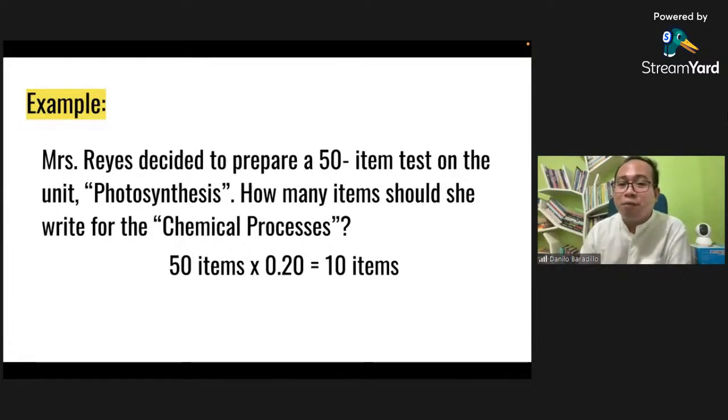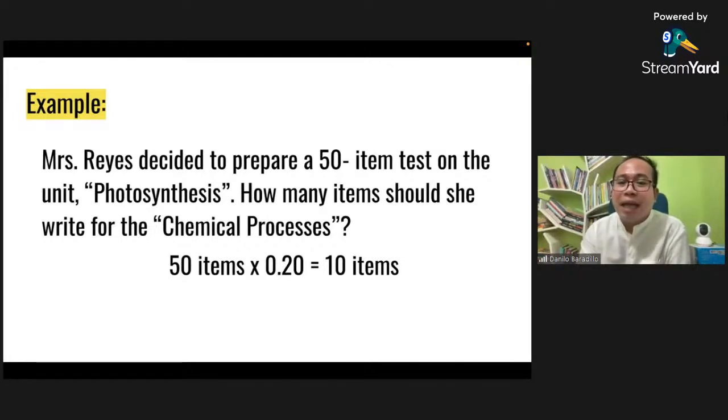We could not just afford our test to be all knowing or knowledge. So it should be scattered all throughout. It might not necessarily be scattered all throughout Bloom's taxonomy, but at least everything should not be knowledge or knowing. Okay, so we will talk about that later.